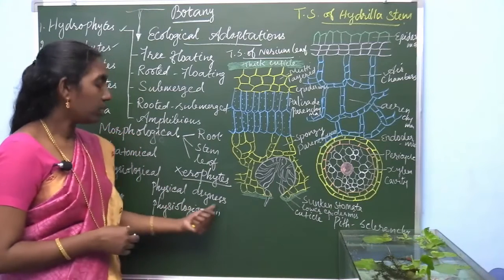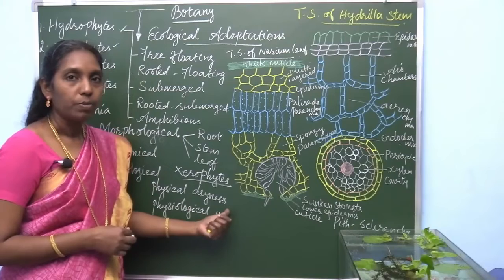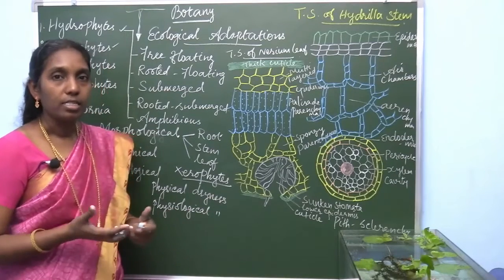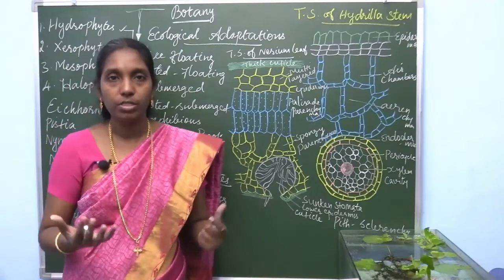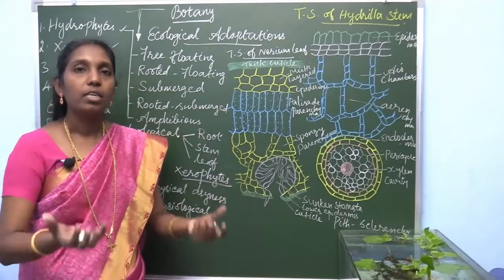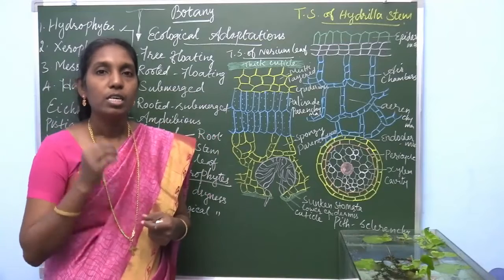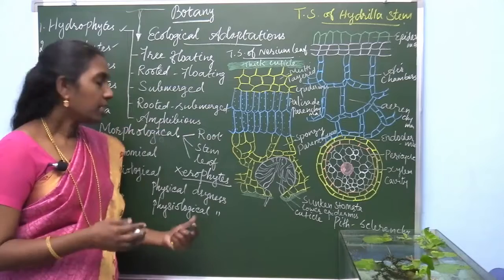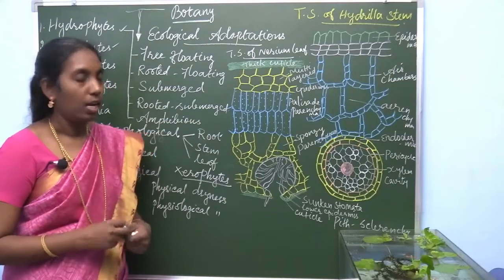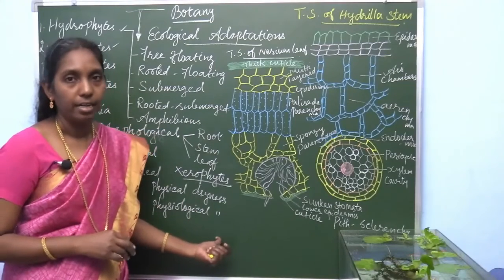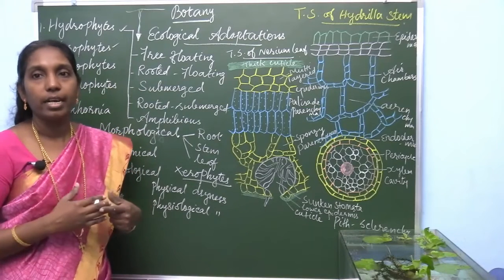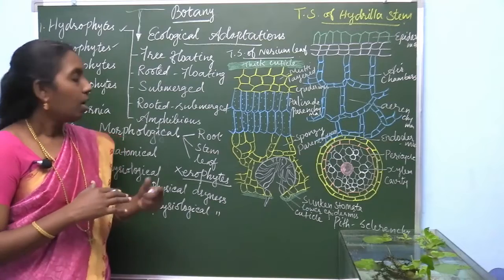Due to this, the plants or species are in dry condition. In physiological dryness, the soil contains sufficient water but the plant cannot absorb it due to the salty or acidic nature of the soil. That is physiological dryness.